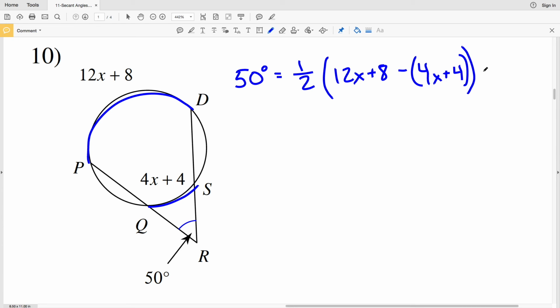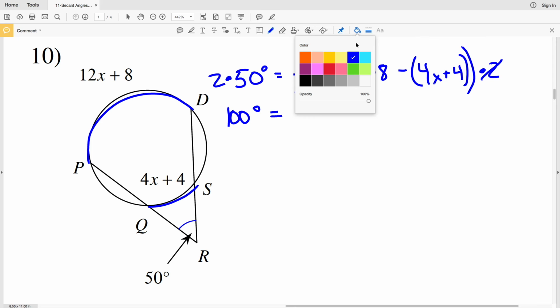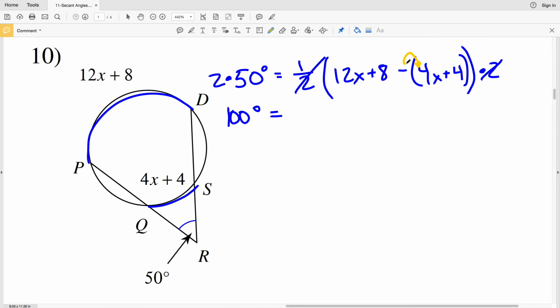I'll start by multiplying both sides by 2 to get 100 degrees on my left hand side so that my 1/2 and 2 will cancel out, and then I'm going to distribute this negative, essentially distributing -1.